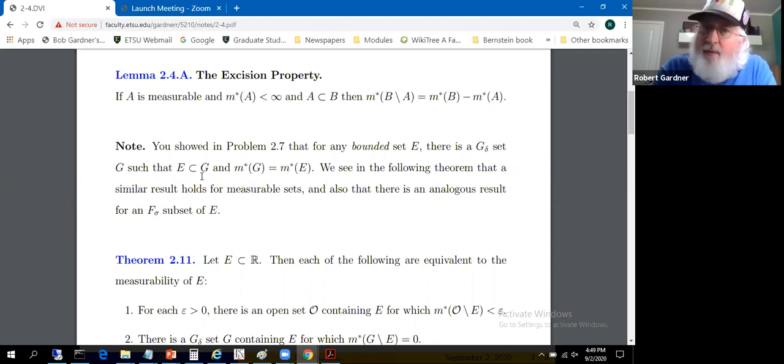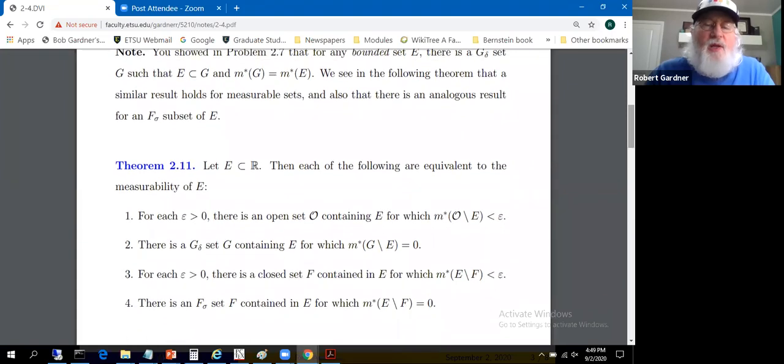So if we had to use inner measure to get a parallel result in terms of subsets. But we did state that for any bounded set E, we can find such a G delta set. A G delta set was what? A countable intersection of open sets. And we'll see where this G delta set comes from.